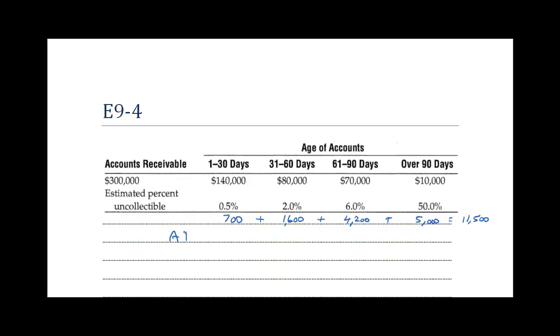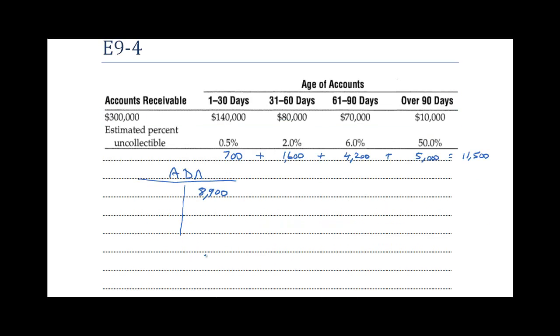So if we go to the ADA T account, it has a beginning balance of 8,900. We're told an unadjusted amount, right? And we've just figured out what it should be. So at the end of the day, it should have a balance of 11,500, right?